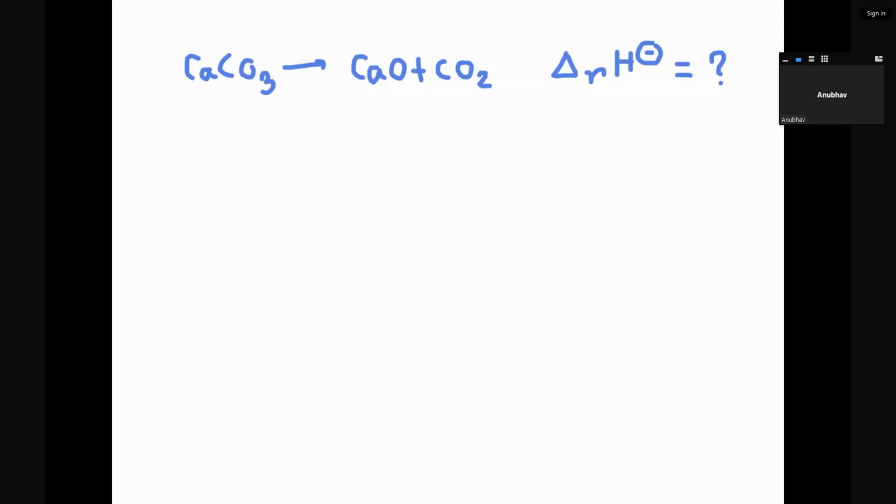Now there is a general equation for the enthalpy change calculation. The delta rH minus that we have to calculate here, all are in the standard state, so I write the minus on the top of the equation. Delta rH will be the summation of ai, delta fH of the products, minus the summation of bi, delta fH of the reactants.